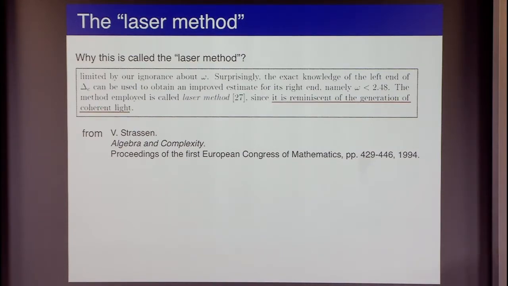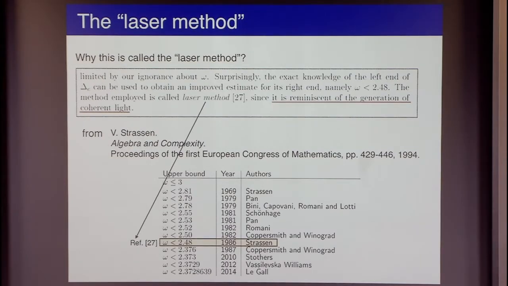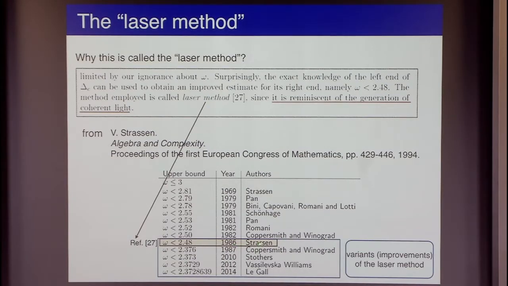This is the only published explanation I have of the name of the laser method. And this reference was the 86 paper by Strassen, and all the further improvements also use variants or successive improvements of this method. So I will now describe the method and then the improvements.